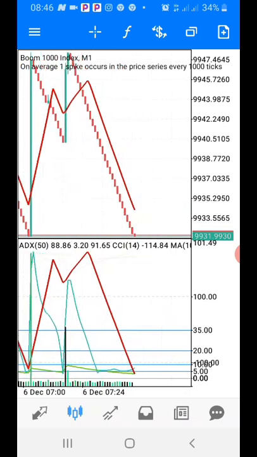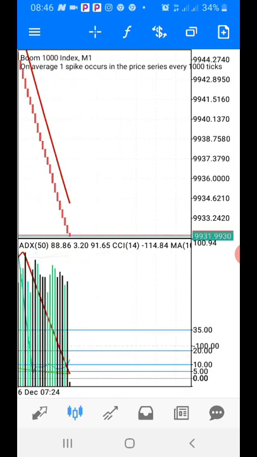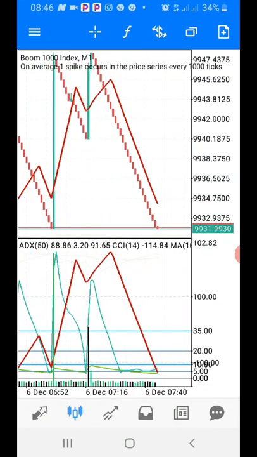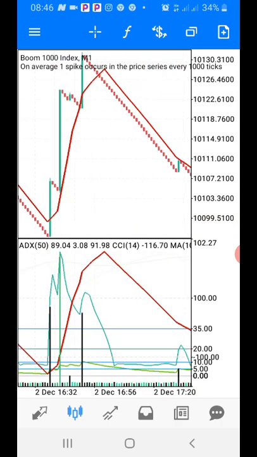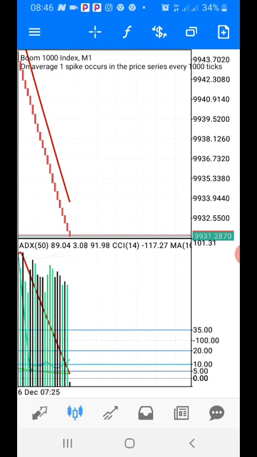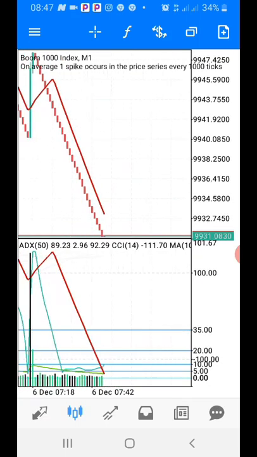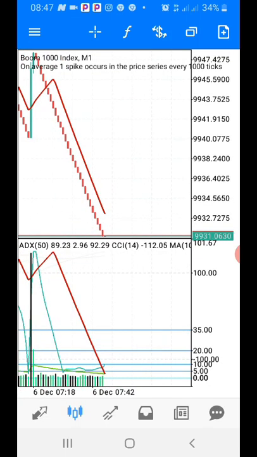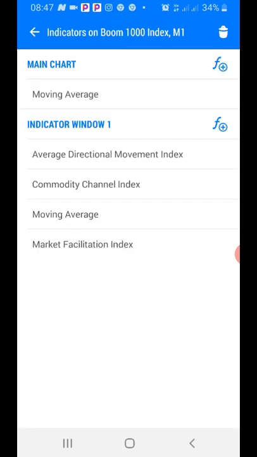We can see it crossed below at the beginning of the chart, at the end, and also in the middle. So right now we are expecting a spike. The conditions have been met, so we are waiting for the spike.